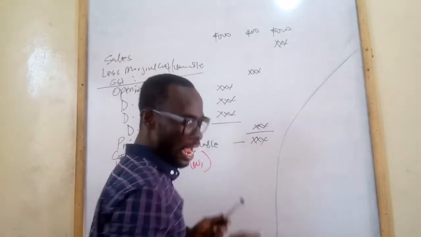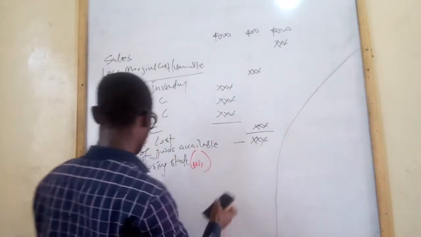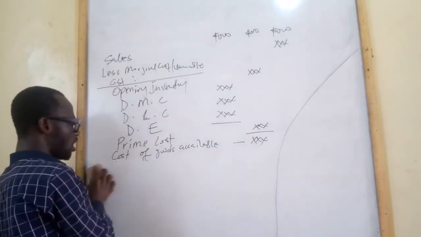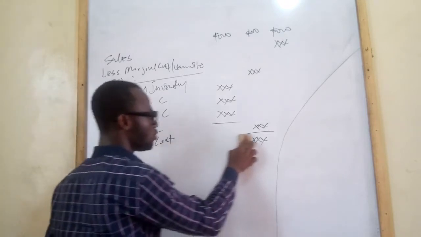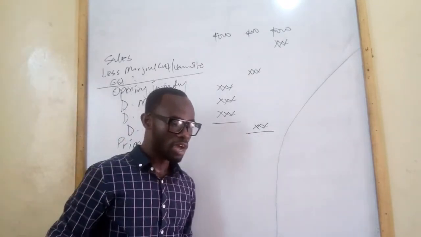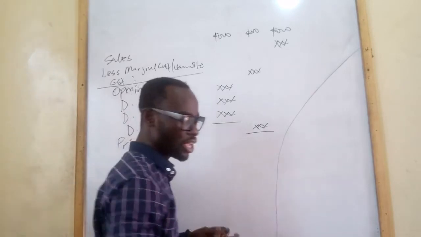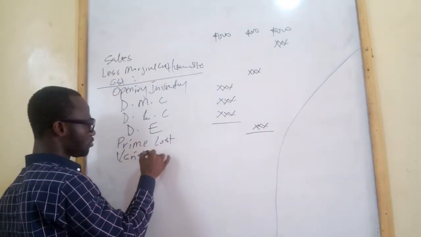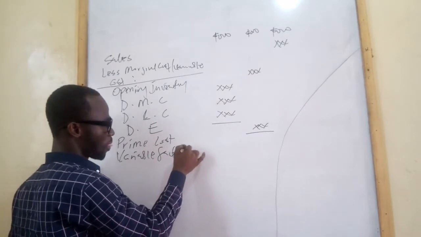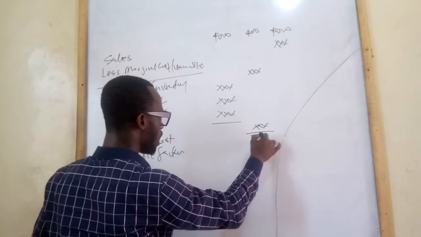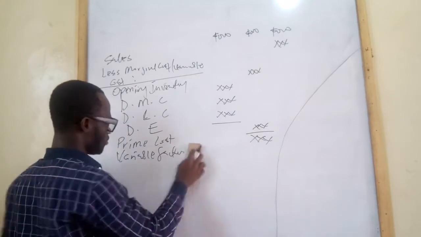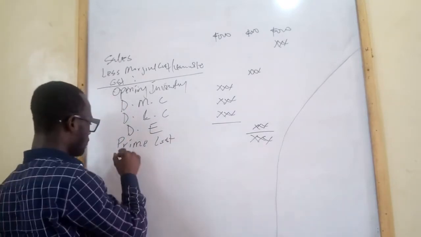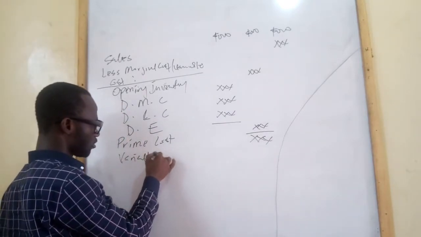So even before I less the closing stock, let me bring factory overheads. Okay, so maybe there are some variable factory overheads that we need to bring. We bring it, variable factory overheads. So this figure will be there still, but let me bring that variable factory overheads.